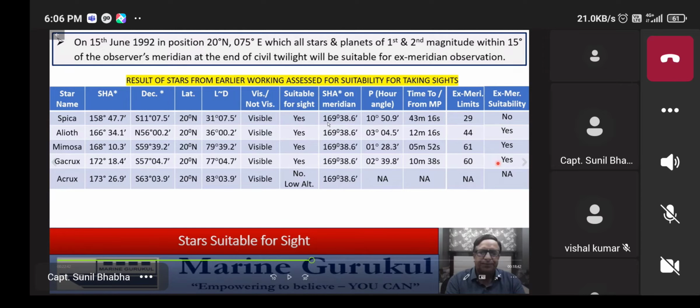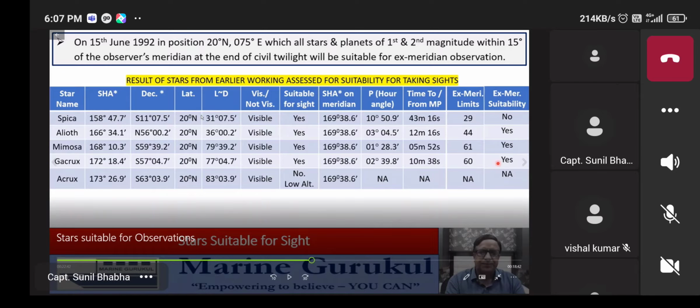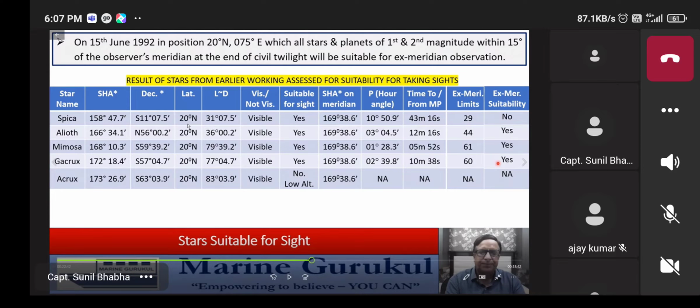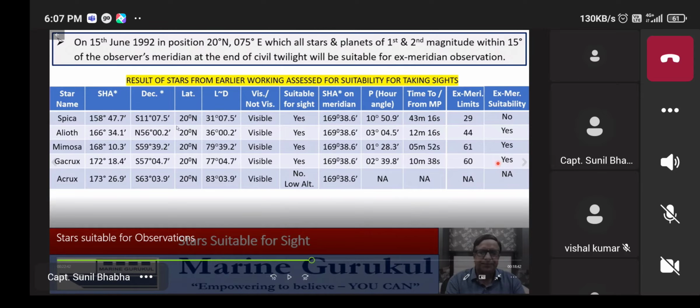Yes sir. Right beta. Now beta, in table 1 you will see it is divided into two parts. One is lat and dec same name, another is lat and dec opposite name. So now tell me for Spica, lat and dec are for the same name or opposite name? Opposite name, sir. Very good. So enter into opposite name and go for a latitude of 20 north, declination 11 south.